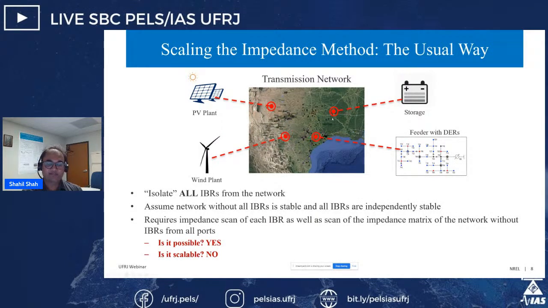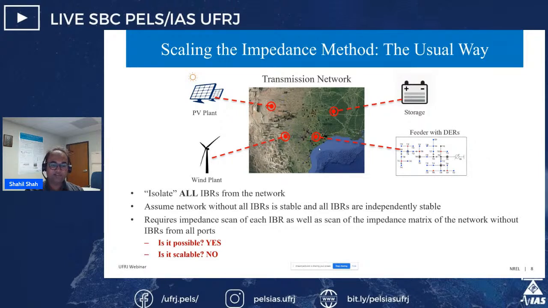One way is to assume that we remove all IBRs from the network, so we isolate all IBRs from the network, so that only passives remain in the network, like transmission lines, transformers, and filters. Basically, no active device remains in the network. And then we can assume that the network is stable, or basically, in a small signal sense, it doesn't have poles in the right half plane, if you understand control theory.